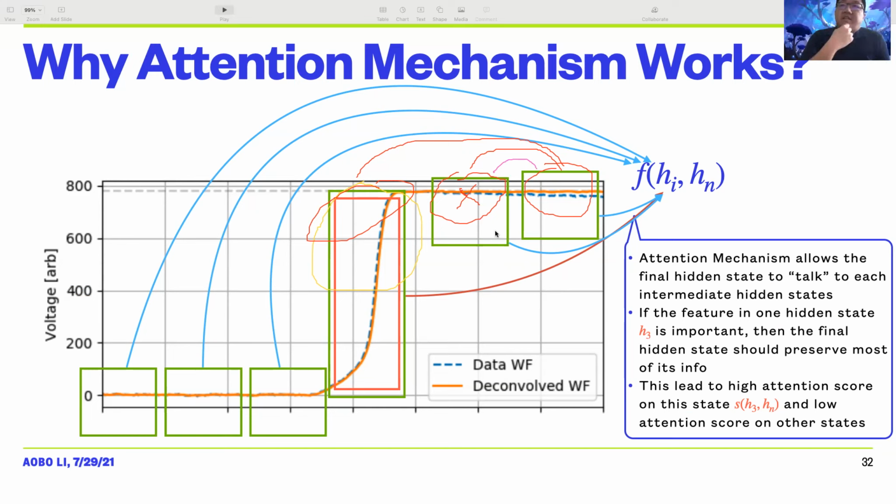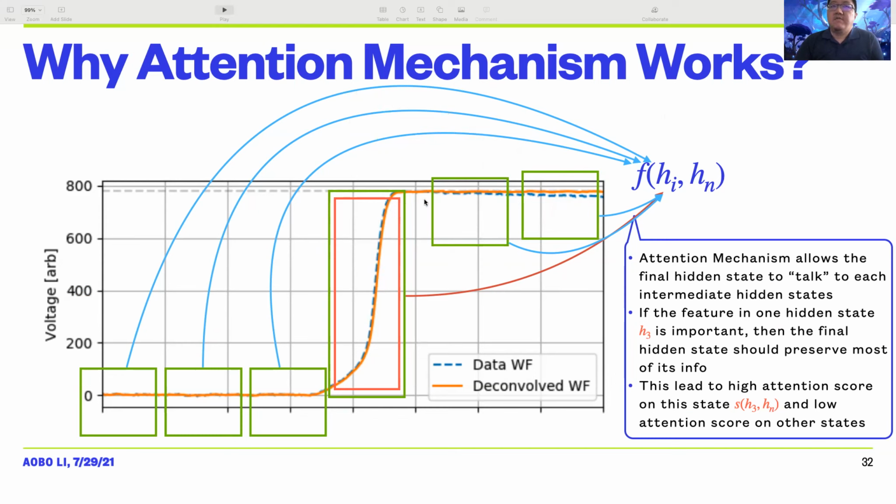I think the reason is because the attention score is calculated based on the intermediate hidden state. Remember, we are trying to project the final hidden state to the output right after we see, you can see my cursor, right? Right after this rising edge. Although the RNN allows it to contain information from the previous hidden state, as you mentioned, the information will decay, so this becomes less important compared to the output of this intermediate hidden state.